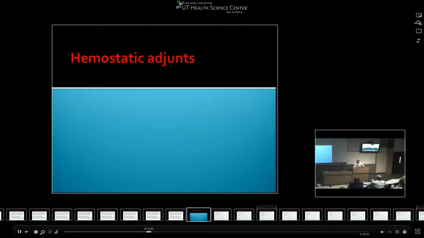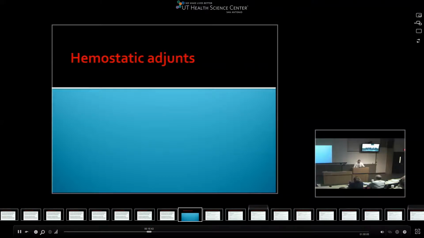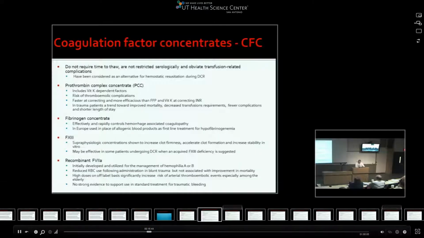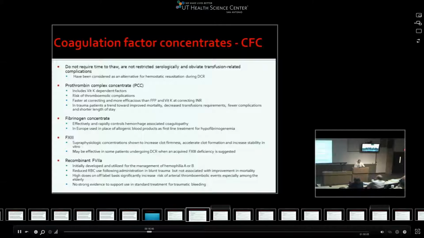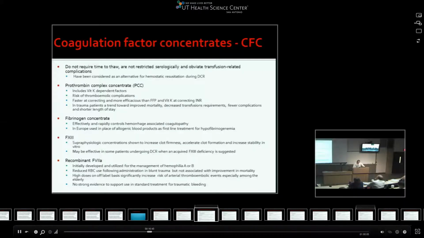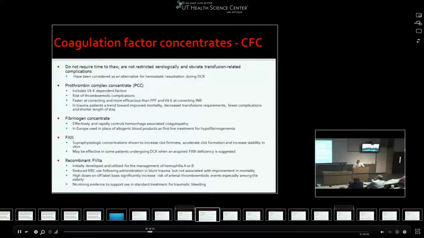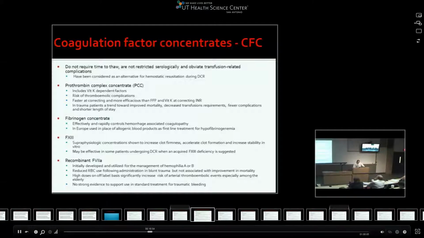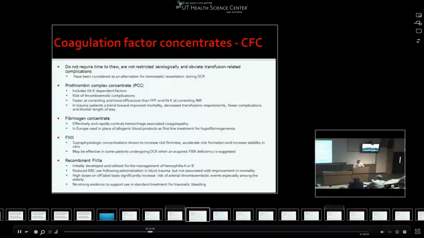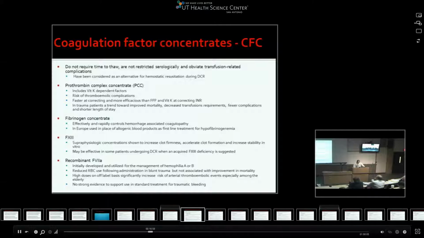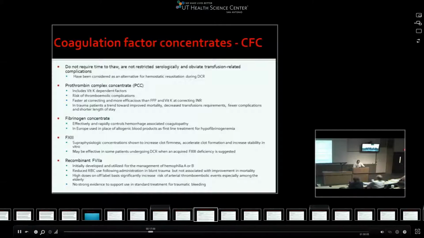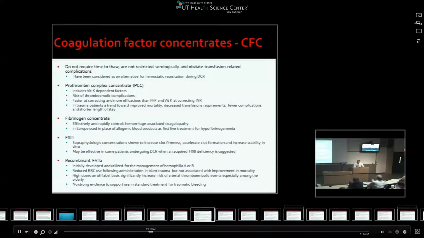There are a couple of hemostatic adjuncts that can be used in addition to blood components for damage control resuscitation. The advantage of those is that they do not require any time to thaw, they are not restricted serologically, and obviate transfusion-related complications. The most known ones are prothrombin complex concentrates, which include mainly vitamin K-dependent factors.